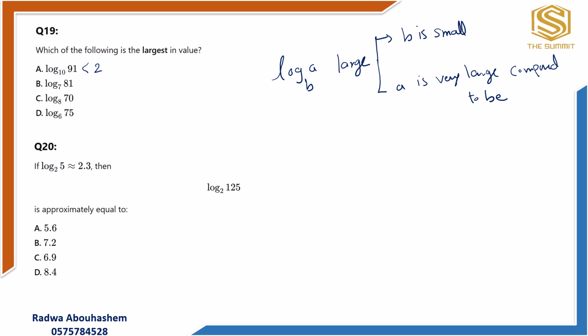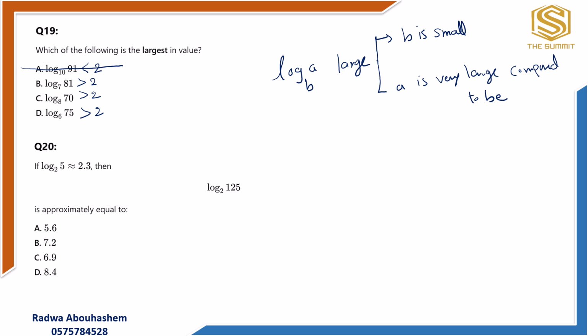Here, 7 power 1 is 7, 7 power 2 is 49, so it would be greater than 2. Here also 8 power 2 is 64, so it's also greater than 2. And 6 power 2 is 36, 6 power 3 is 216, so it's also greater than 2. So I could cancel this choice, but I need to check one of these, B or C or D.